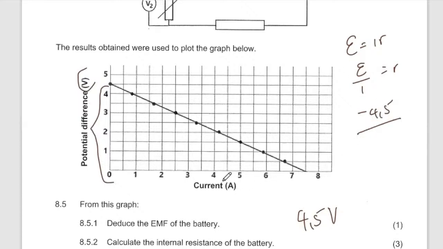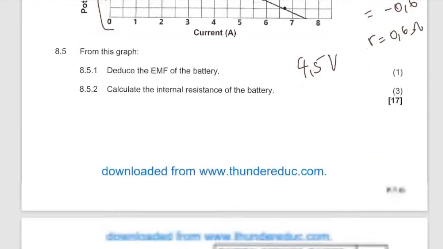Then I'm dividing it by 0 to 7.5, which is positive. So I'm going to get a negative answer. Why? Because this line has a negative gradient. So it's negative 4.5 divided by 7.5. That's giving me negative 0.6. So which means our internal resistance is 0.6 ohms.